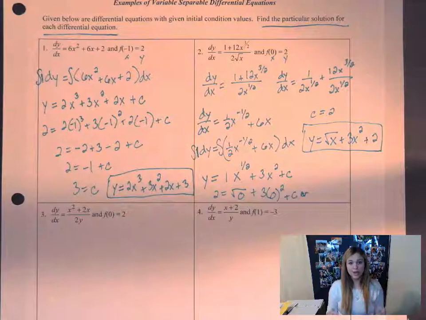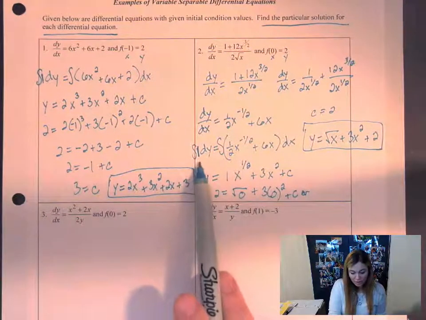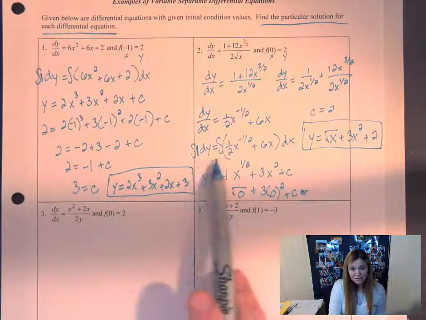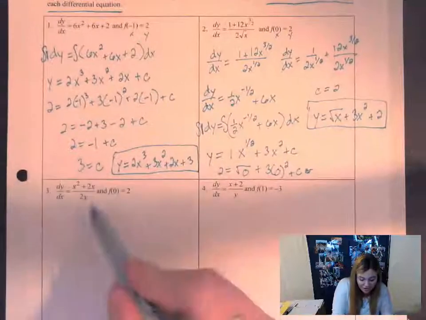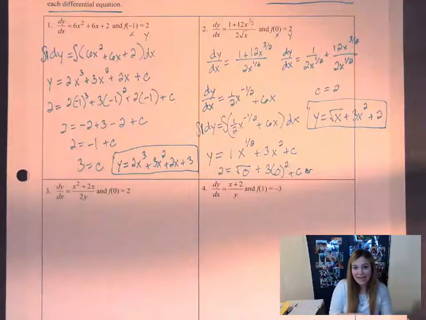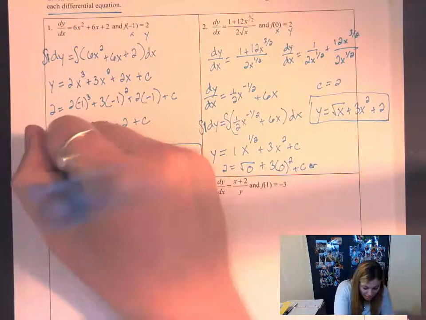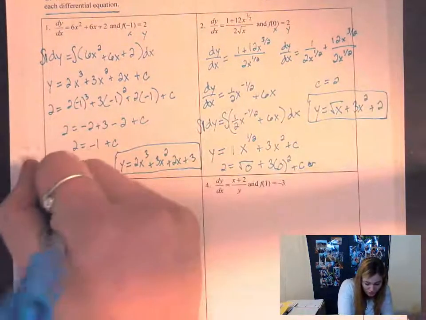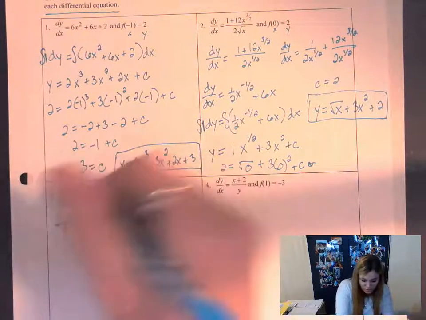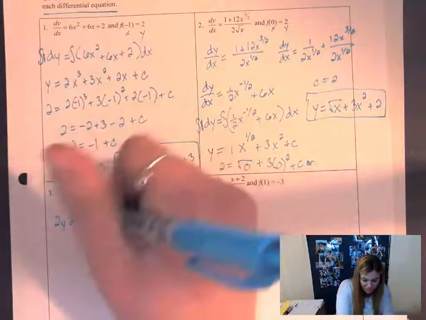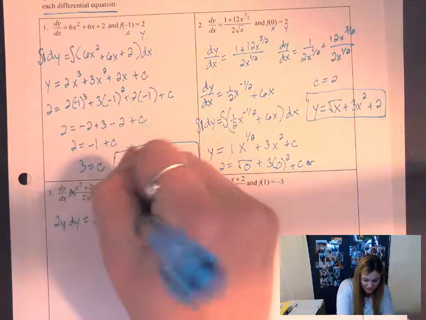Okay, so not so bad. Both of these, I just integrated 1 dy on this side. That's not going to be the case down here. Down here, I need to get the y's on one side and the x's on the other side before I can even begin. So I'm going to multiply, so I get 2y dy is equal to x squared plus 2x dx.